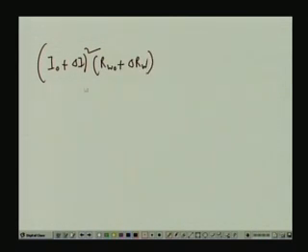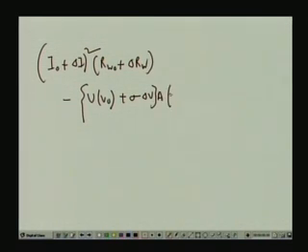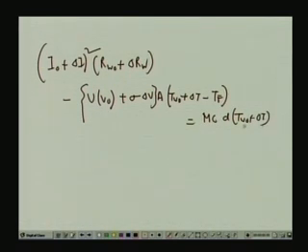Here, taking a new page: I naught plus delta I whole square, into RW naught plus delta RW, minus U V naught plus sigma delta V, A multiplied by TW naught plus delta T minus TF, equal to MC derivative of TW naught plus delta T by dt, right.